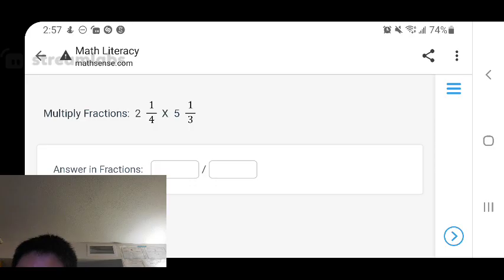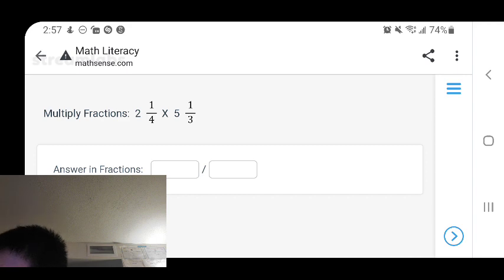Multiply the fractions, I also make them into improper fractions. That would be 9/4. Yep. Times 5 times 3 is 15 plus 1, 16 over 3. You just multiply each. Oh wow, 9 times 16, I can do that in my head.